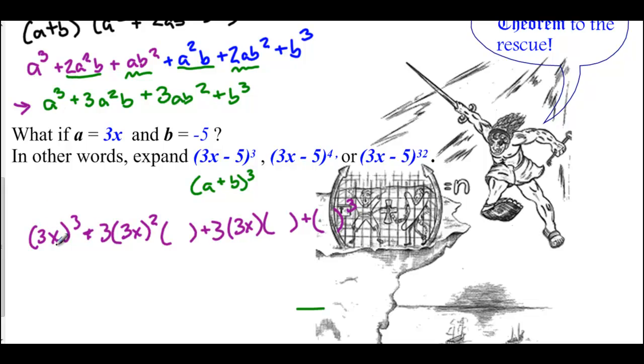So 3x cubed plus 3 times 3x squared, and then the b is going to be negative 5. And then plus 3 times the a, which was 3x, times the b squared, so that's negative 5 squared. And then plus b cubed, or negative 5 cubed. Let me make that a little bit smaller.